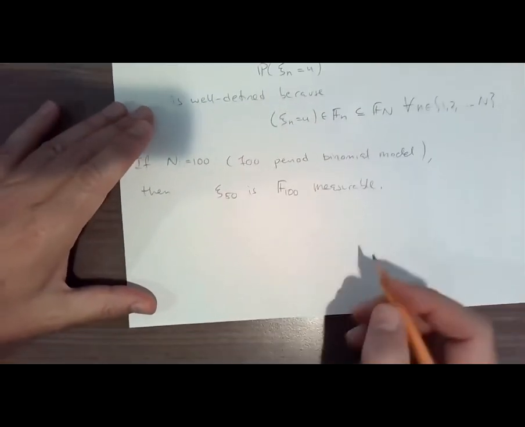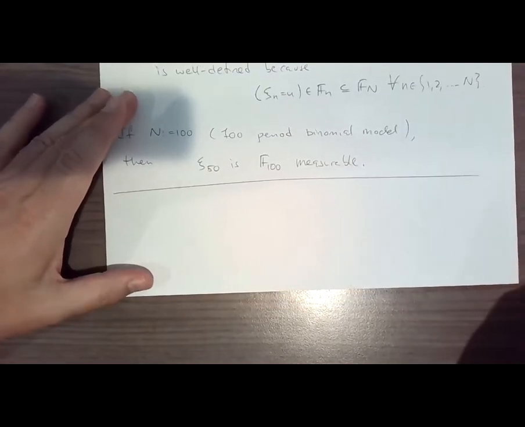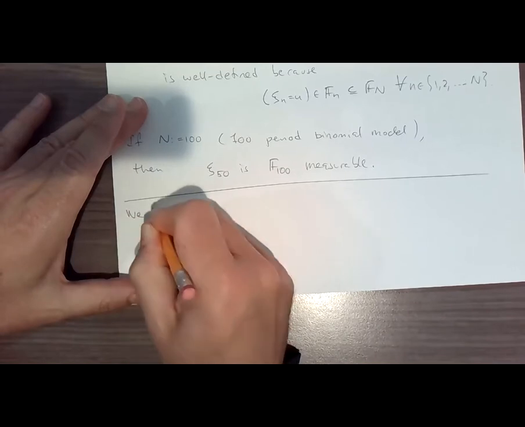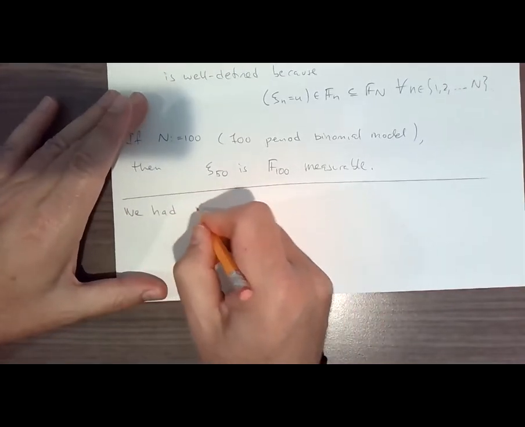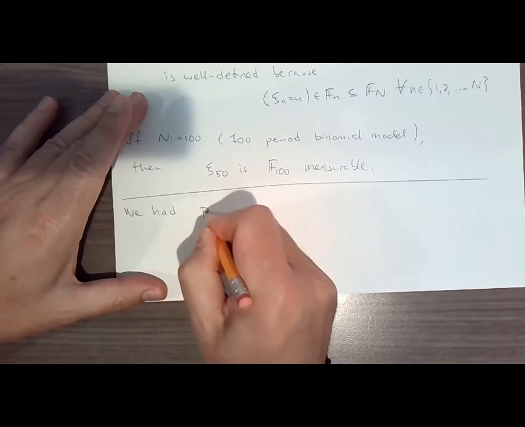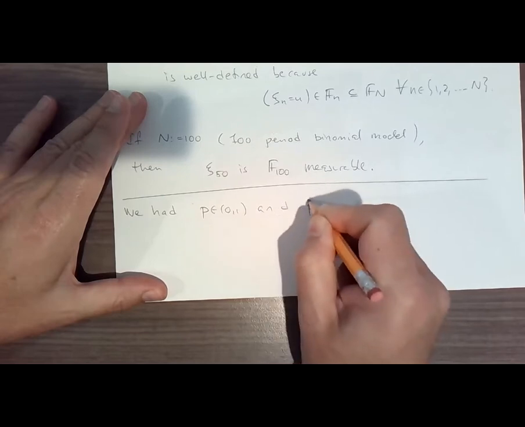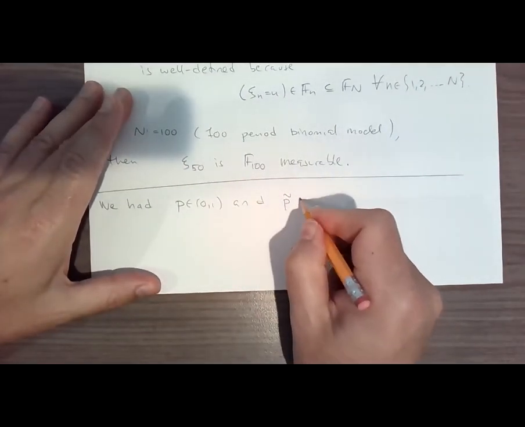There are some loose ends we have to tie up. One thing that was missing in the analysis before the midterm was that we had P, a number between 0 and 1, and we had P tilde, and there was a formula for this P tilde.